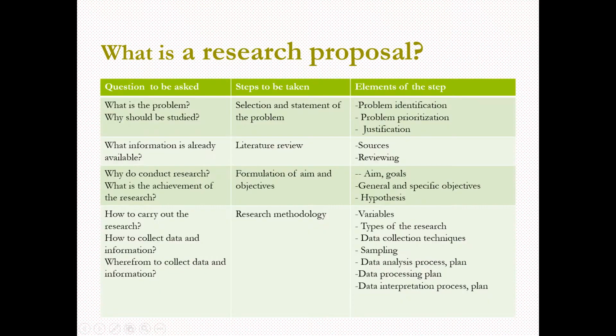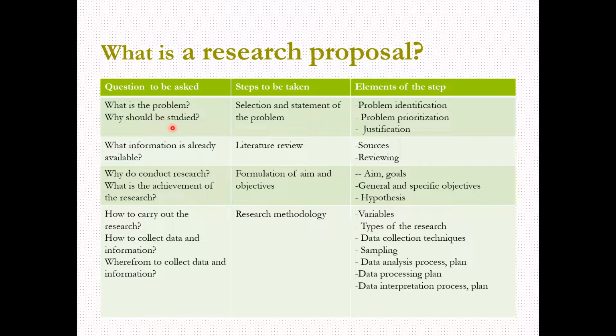Normally whenever you're preparing a best research proposal, there are some questions to be asked and steps to be taken, and along with that you need some elements for the step you intend to take. The most probable, most often asked, most formal questions during the proposal are: what is the problem, and why should it be studied?